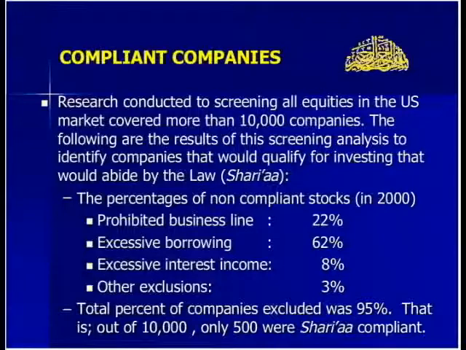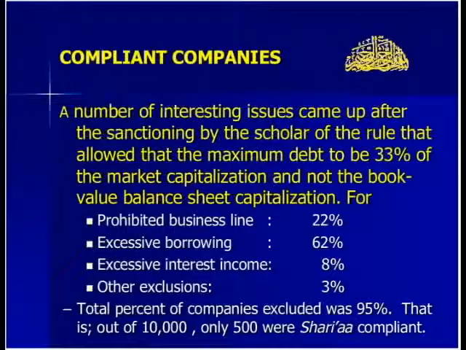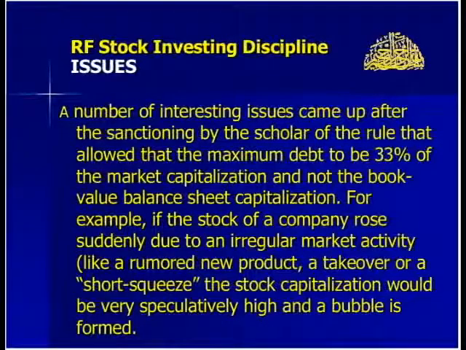And we decided that we will use the laws of inheritance in the jurisprudence, which allows you to change the distribution in your lifetime, not after your life, in your lifetime, up to 1/3 of your assets. And that's when we arrived at the next ruling, which said that the ratio of debt to total capitalization of the company should not exceed 33%.